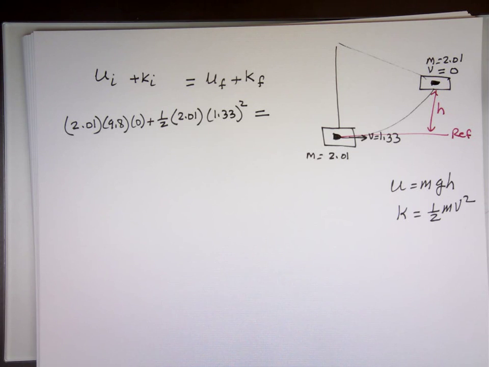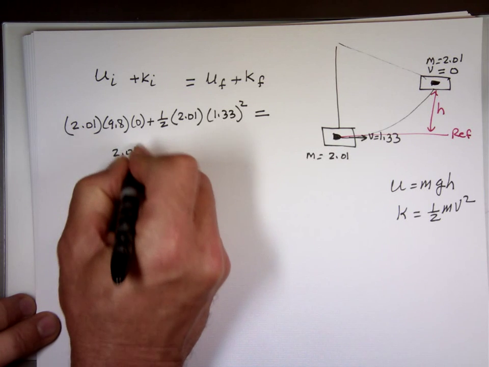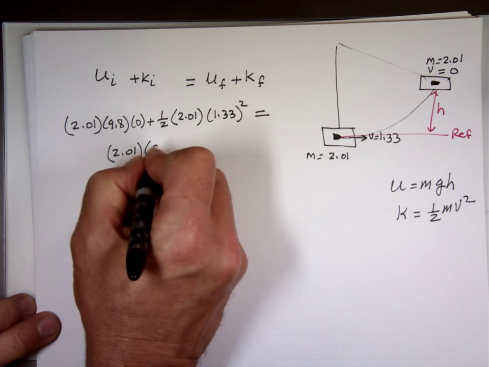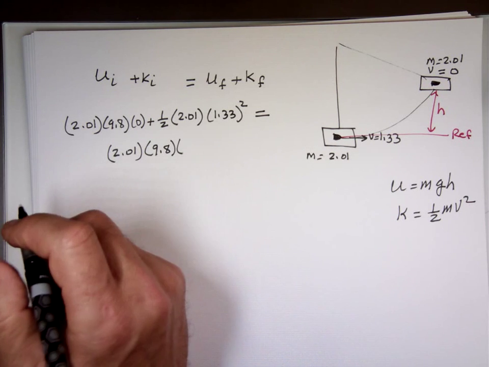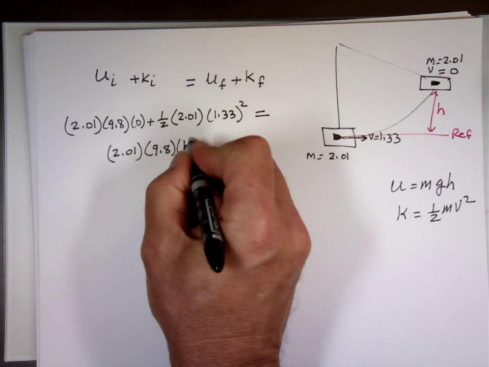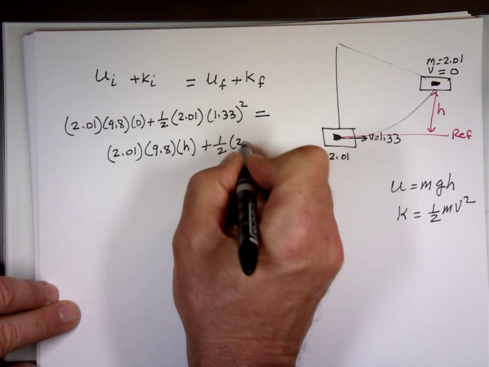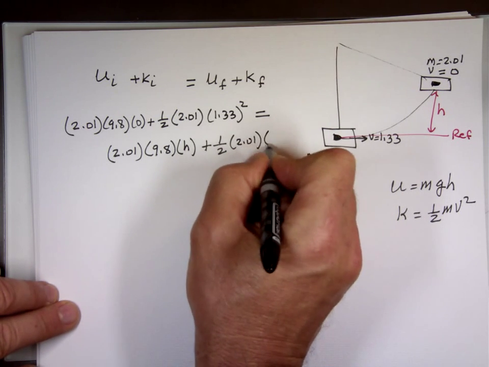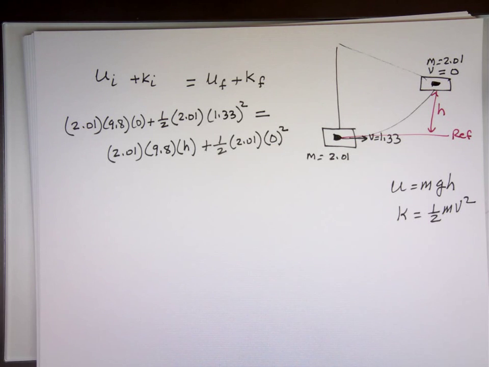what is the potential energy when you reach the peak there? The mass times gravity, 9.8, times the height, which is h, plus the kinetic energy, 1/2 the mass times the velocity squared. What's the velocity? 0 when you reach the peak.